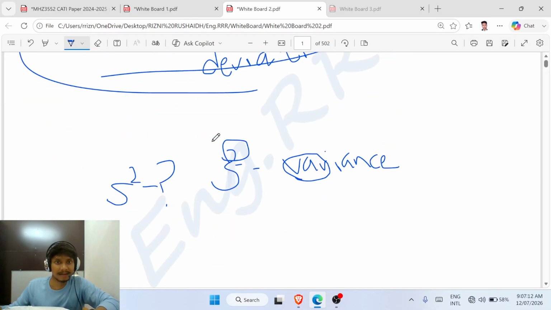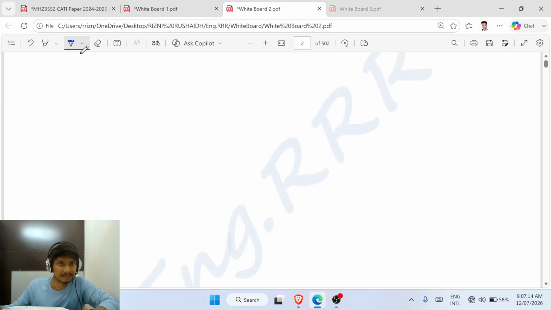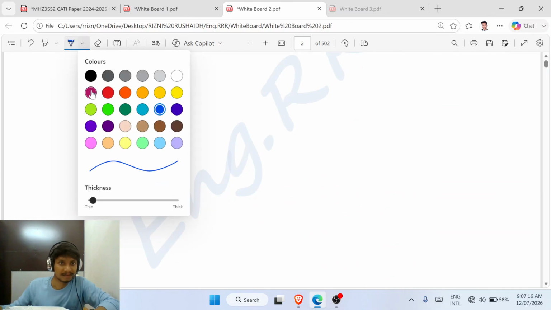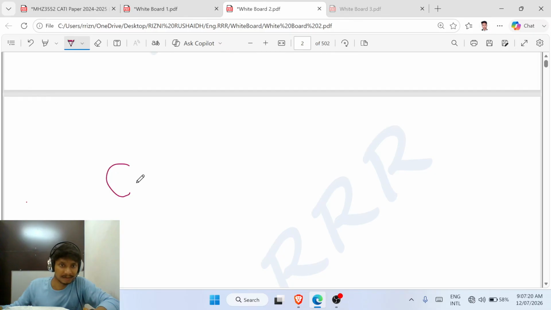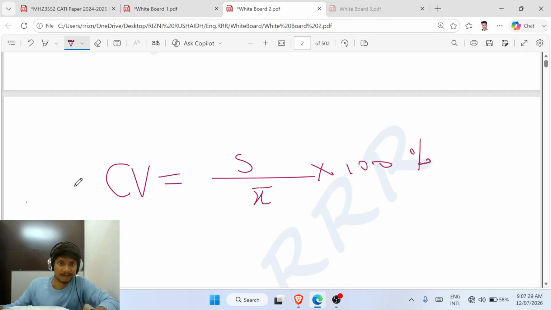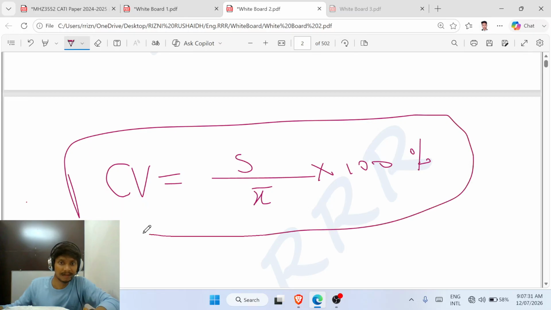Now, what is the equation for CV? The equation for CV is S by X bar into 100 percentage.